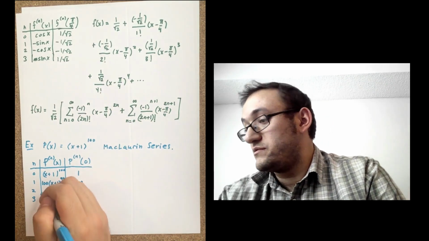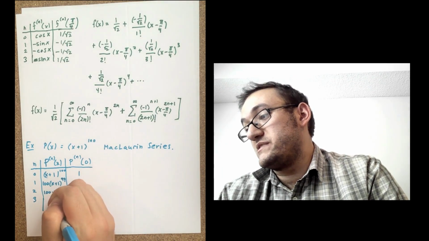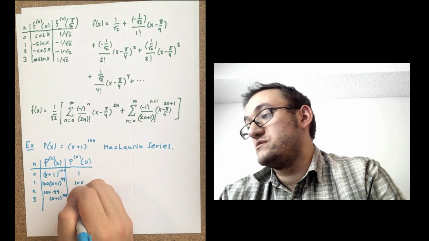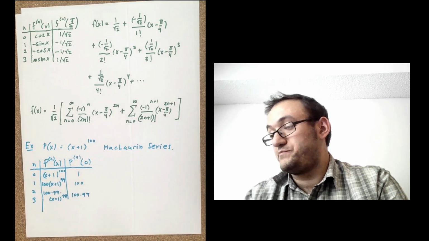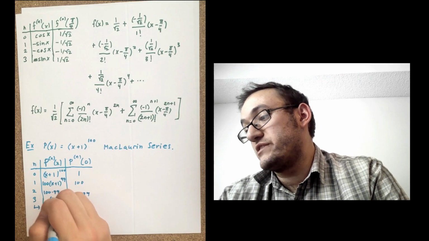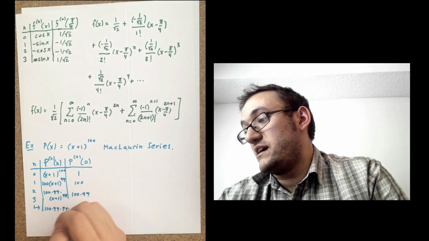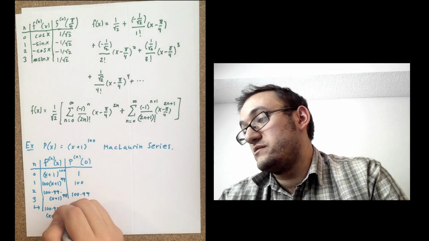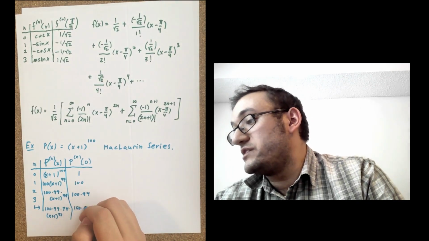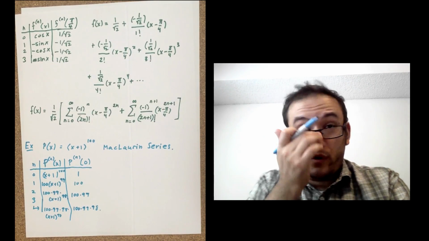For number 2, it's going to be 100 times 99 times x plus 1 to the 98. So this is 100 times 99. And then for the third derivative, we have 100 times 99 times 98 times x plus 1 to the 97. So at x equals 0, this is equal to 100 times 99 times 98. Okay? Probably get the sense for where this is going.